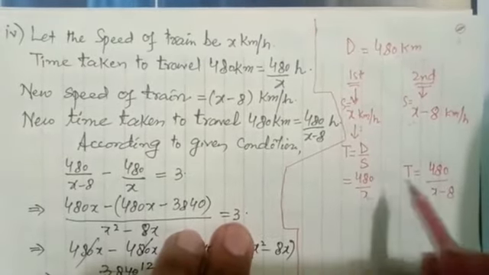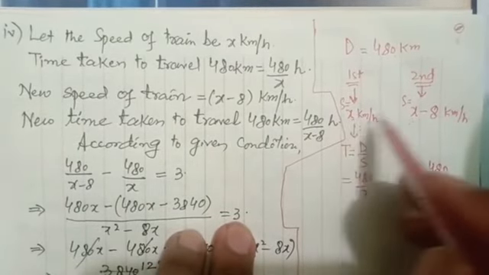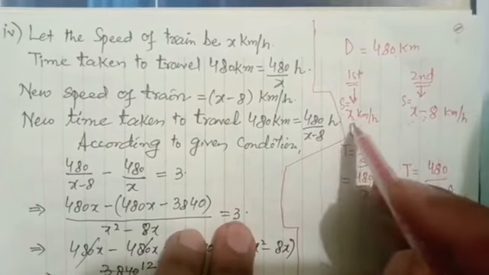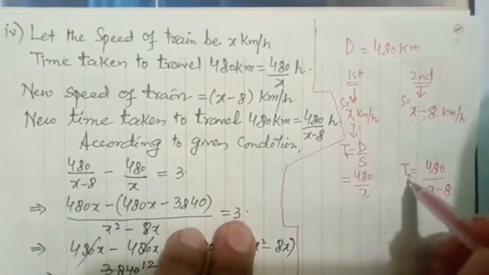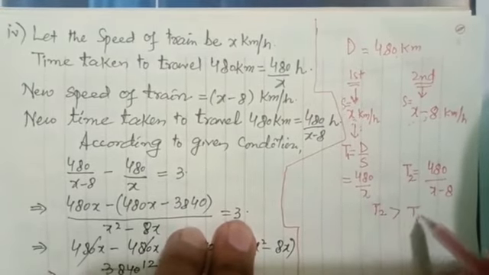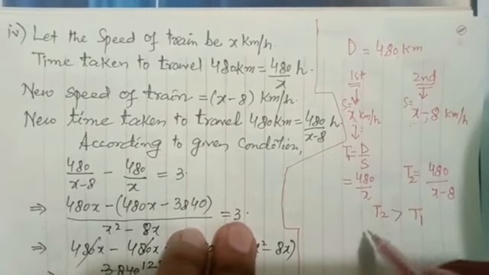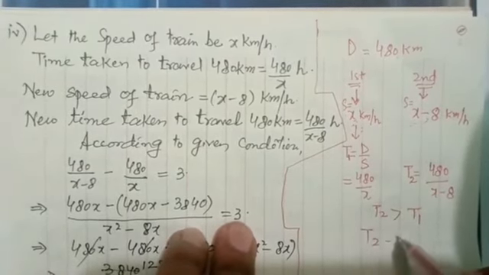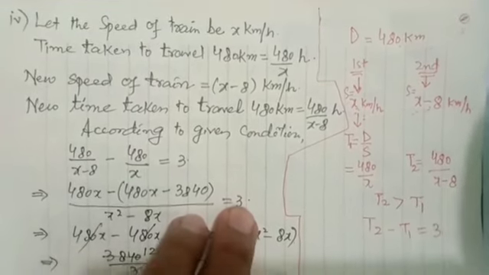Now see here, this is greater speed than this, so it will take less time. If I write here t1, here I will write t2. t2 is greater than t1, so I can write the time gap is 3 hours. I can write t2 minus t1 is equal to 3.